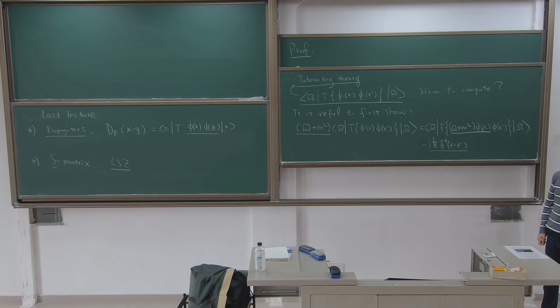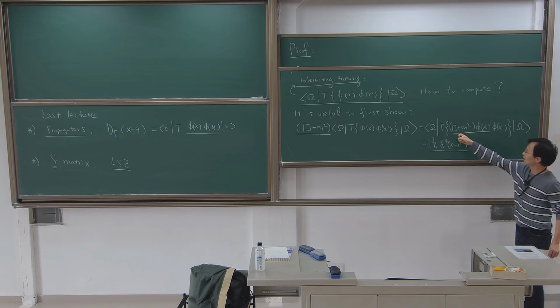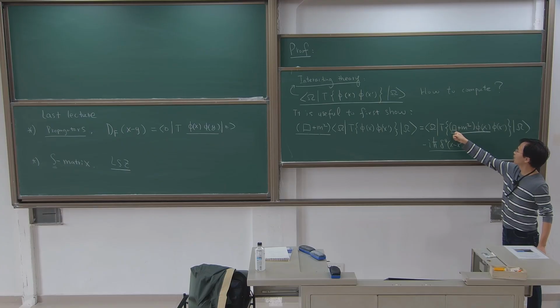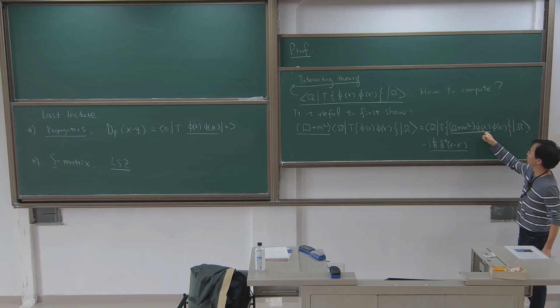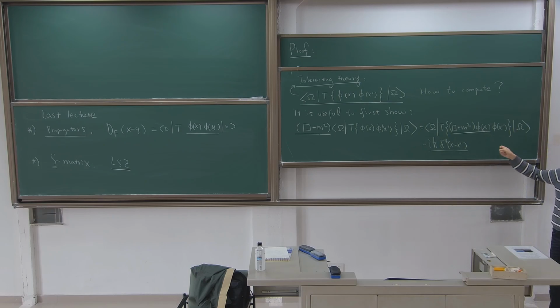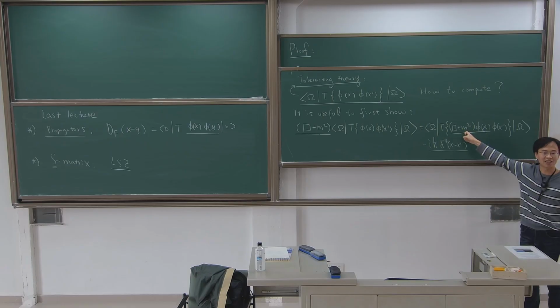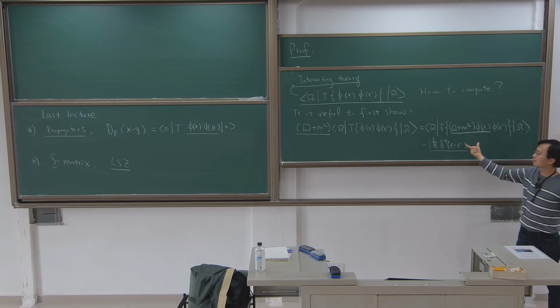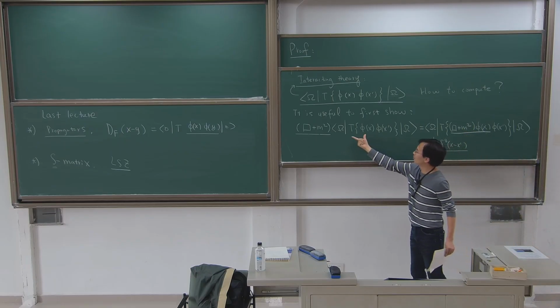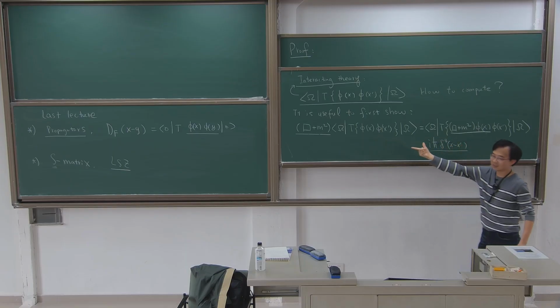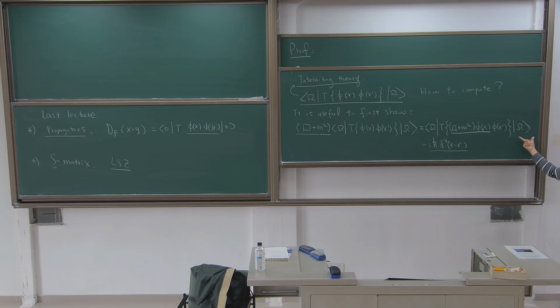If I go a little bit more: if you replace this part by the equation of motion for the interacting theory, then there will be a few phi's here. Now this gives a relation between the two-point function and even higher-point functions.